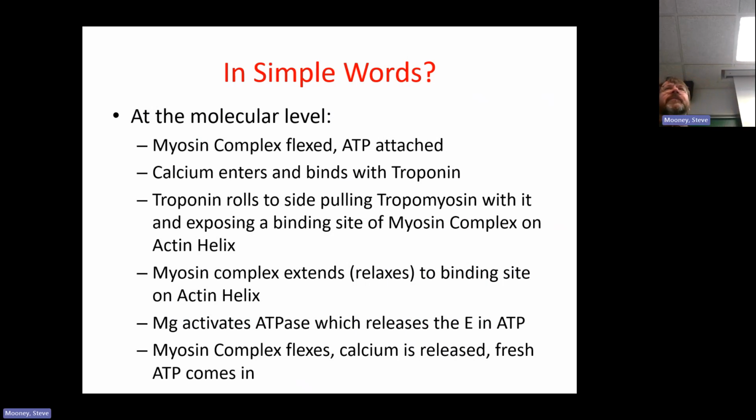Binds, then does what? It's going to pry open and expose those binding sites. Now that there's a binding site, you can have what?